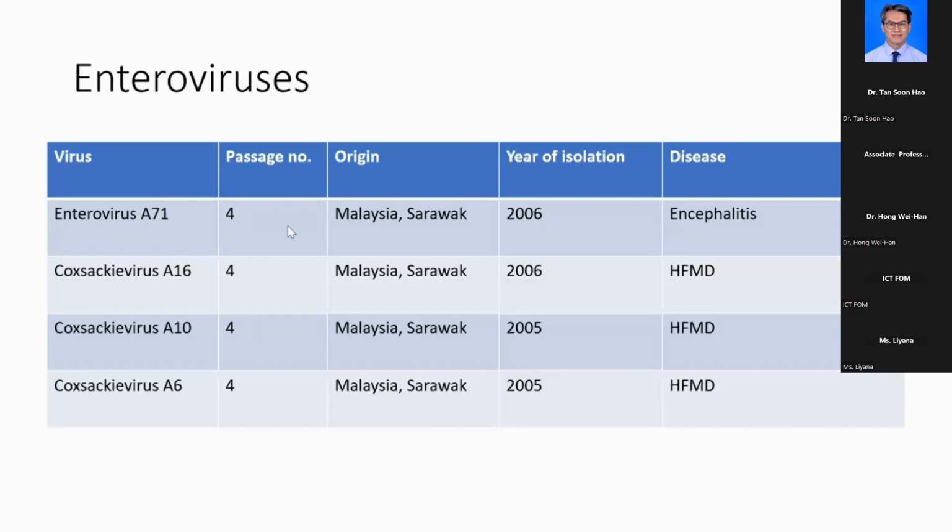It means they have changed slightly. A good example would be COVID now, which has many different variants. All the viruses we obtained are from Sarawak, Malaysia. The years of isolation are from 2005 to 2006, and the diseases range from encephalitis to HFMD. A16, A10, and A6 are from HFMD patients, and A71 is from encephalitis patients.